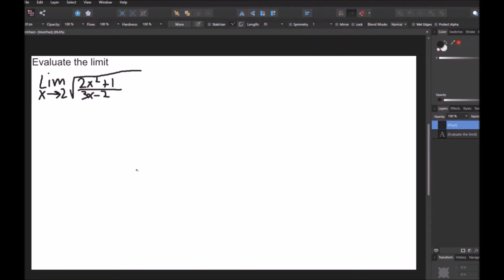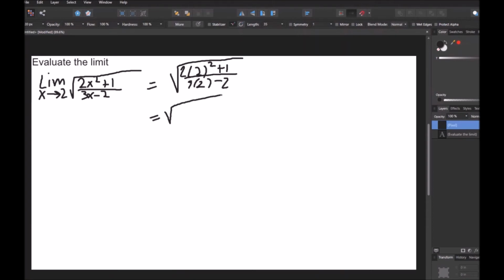So in this next question, we're once again asked to evaluate the limit, and once again this is a direct substitution problem. So I'm just going to plug in 2 wherever I see x. So this is going to be the square root of 2 times 2 squared plus 1 over 3 times 2 minus 2.